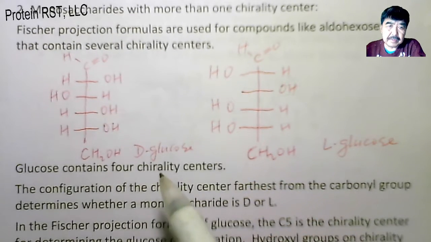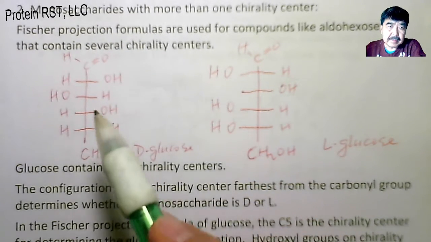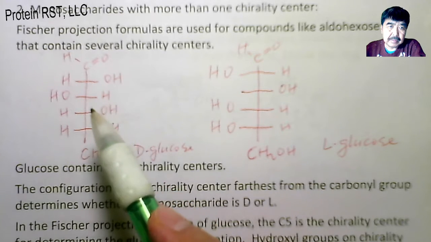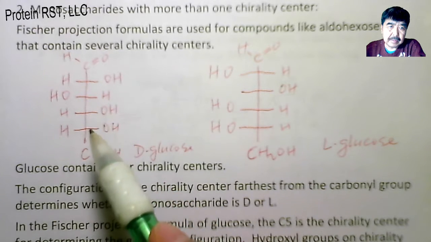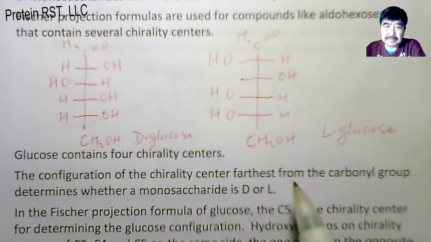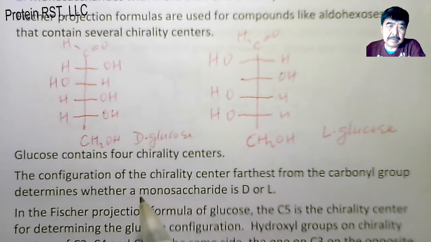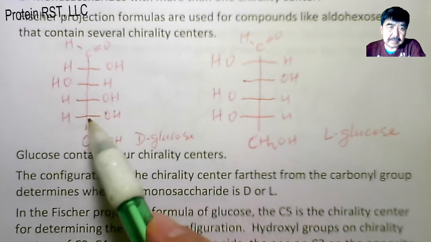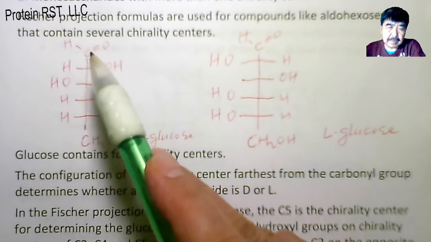Glucose contains 4 chirality centers: C2, C3, C4, C5. The configuration of the chirality center farthest from the carbonyl group determines whether monosaccharides are D or L. The farthest one, this one, the chirality center of C5, is the farthest from the carbonyl group.